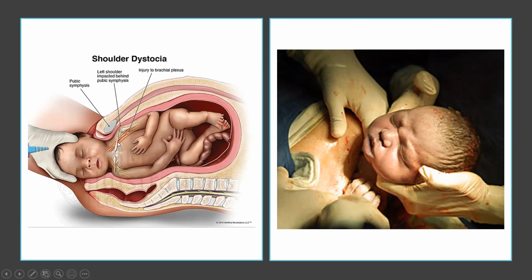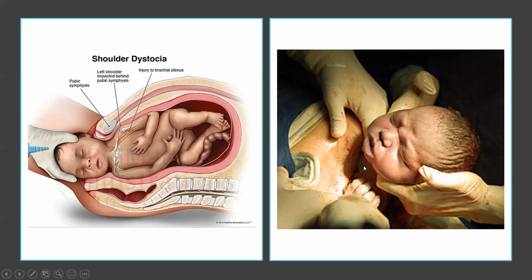It's not uncommon for this to actually snap, and then it allows this baby to be born. This heals very quickly. They don't need surgery. They don't need any sort of pinning or anything. It's just usually a green stick fracture because their bones are so soft. But this is one of the ways that this will now be able to fit through here.